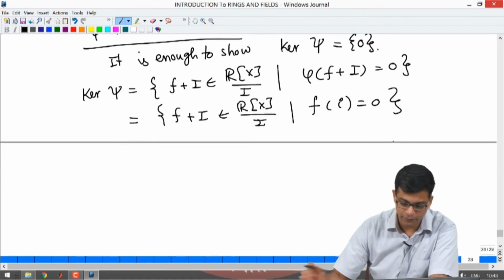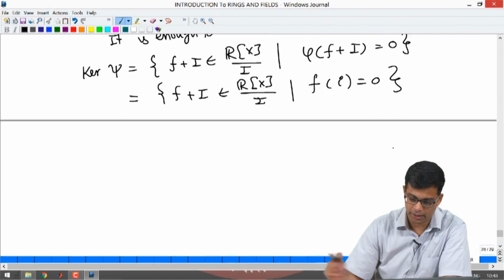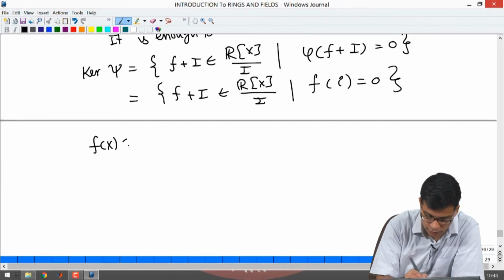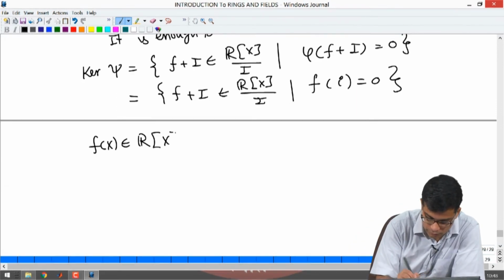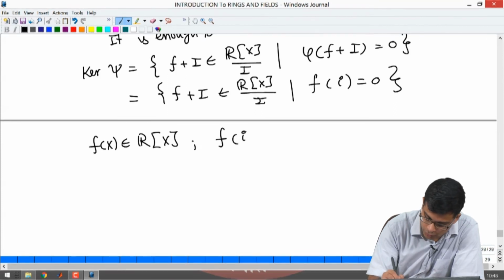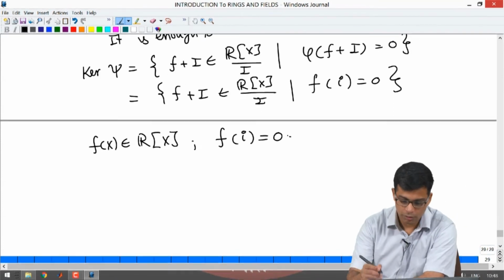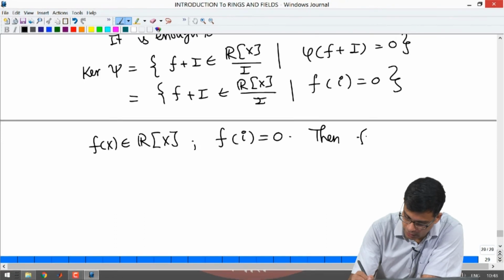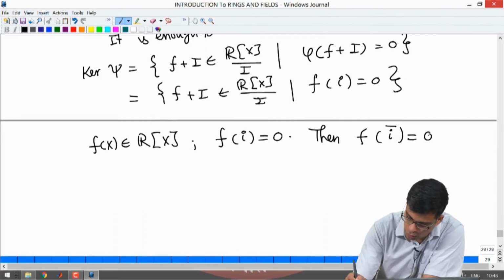Okay. If f(i) is 0, so now I will do some simple calculations. So, f is a polynomial over real numbers, f(i) is 0, then I will quickly finish this, but you can do this easily.